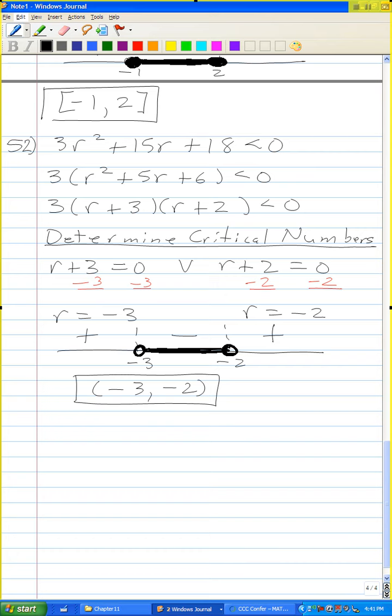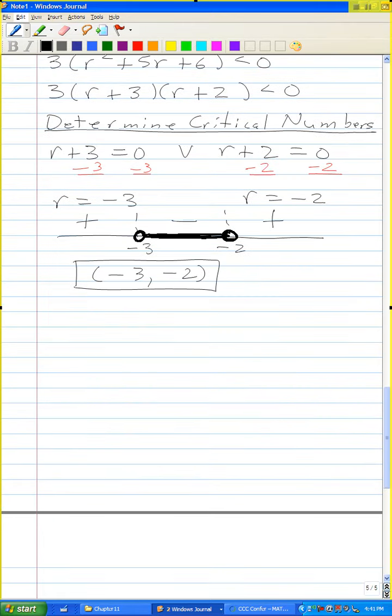Let me do problem number 56. 4t squared plus 20t plus 25 less than 0. Let's factor this. Well, this is a perfect square trinomial. The square root of 4t squared is 2t.